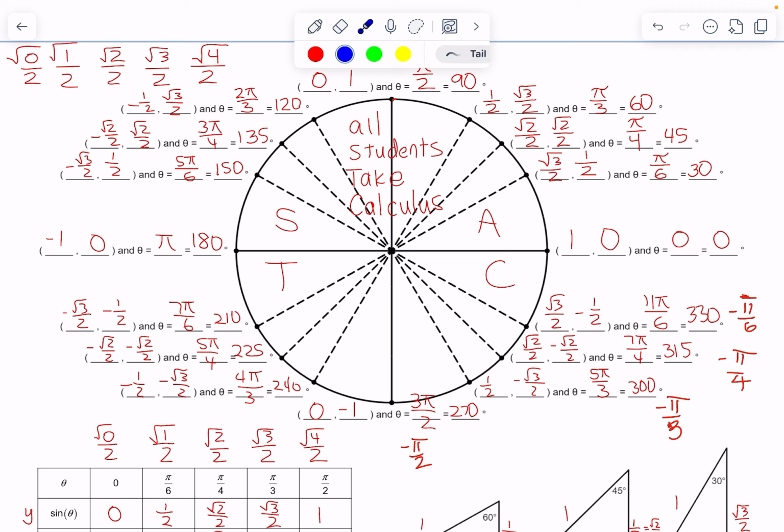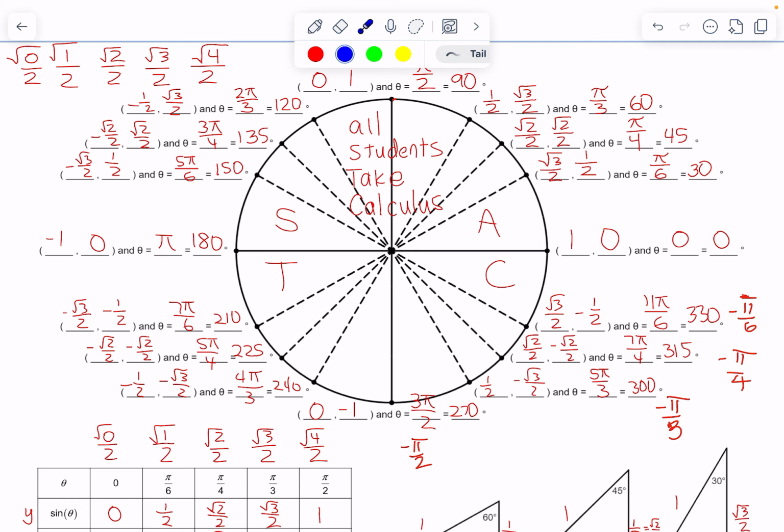The coordinates are still the same, they don't change, but the radians change, and of course, the degrees change as well. But we're not looking at the degrees, we're looking at the radians.